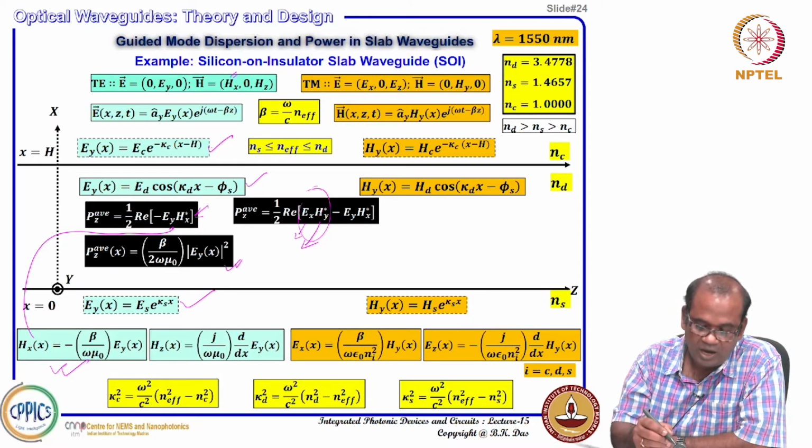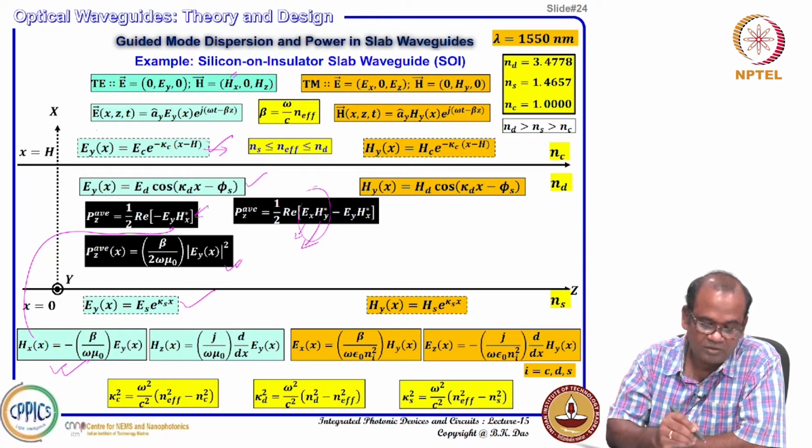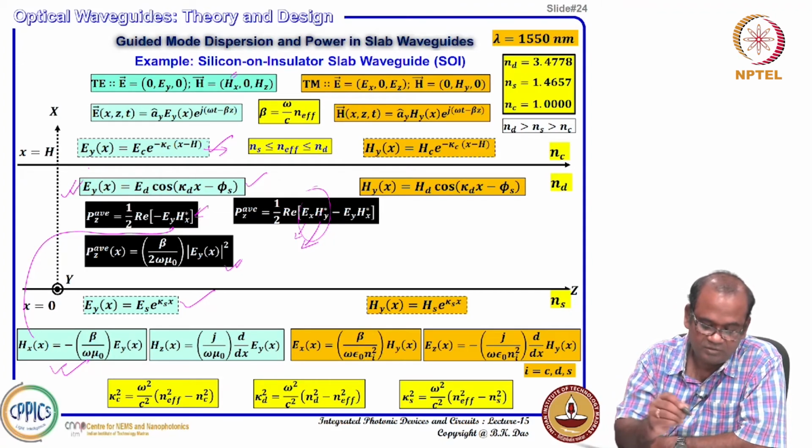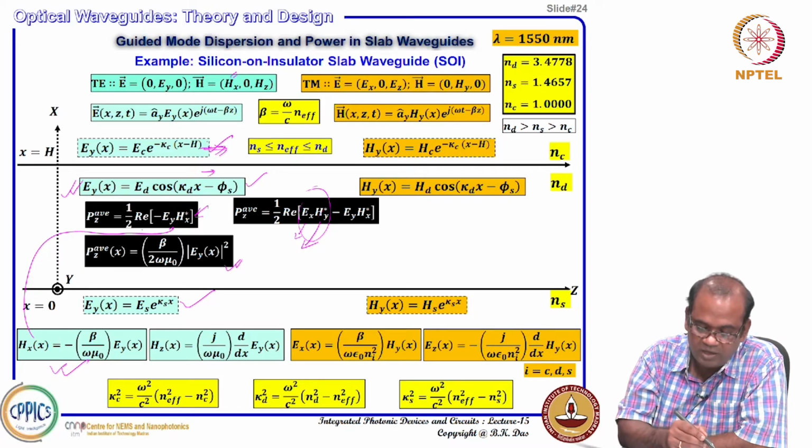If I want to find the energy flow in the z direction in the top cladding, whatever the field E y of x is here, I have to use this one, with the coordinate system accordingly. In the core region E y of x is defined differently, so E y is different in each region. So I can find the intensity, or energy flow per unit area per unit time, here and here, using this equation.